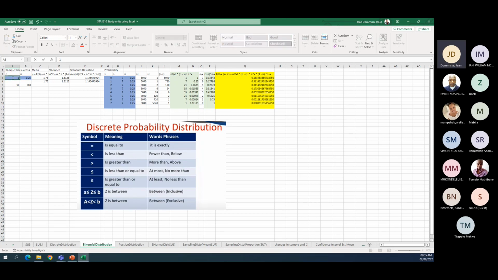So if I set 10, I set 8, again, 0.8, not 8. There the mean was calculated. So you could have used this as well to calculate the mean.